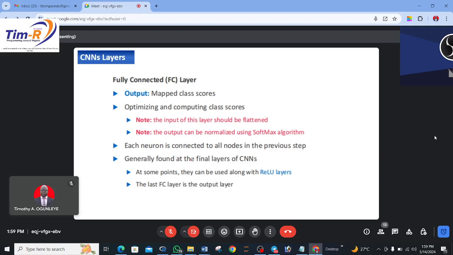Each neuron is connected to all nodes in the previous step and is generally found at the final layers of the CNN. That's the fully connected layer, the FC. At some point they can be used along with ReLU layers, and the last fully connected layer is the output layer.